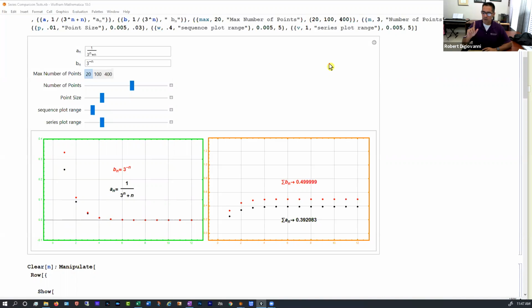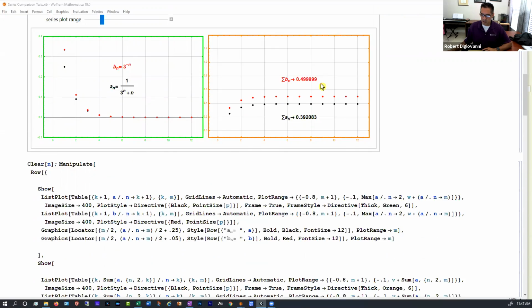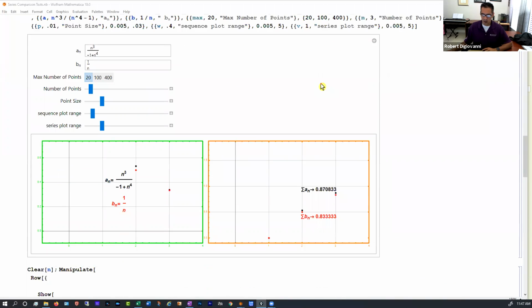Now, what if we have this though? What about this scenario? What if you have a series that's given, and you have another series that you come up with where the inequality is the other way around?